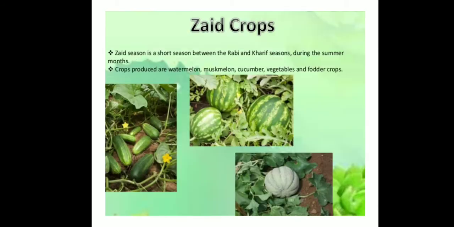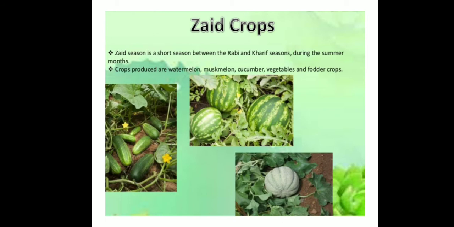After that, we have Zaid crops. That means in between the Rabi and Kharif season, there is a short season during the summer months known as the Zaid season. Some of the crops produced during Zaid are watermelon, muskmelon, cucumber, vegetables, and fodder crops.